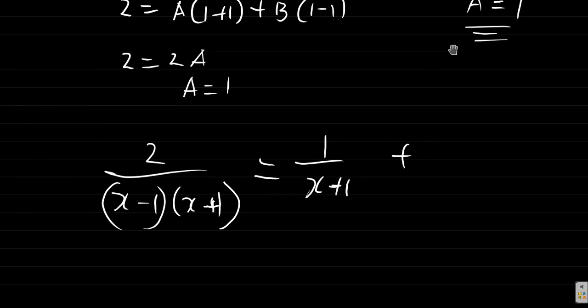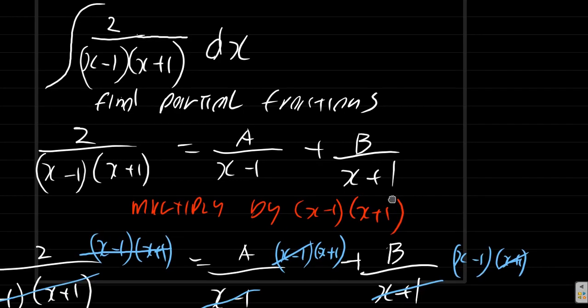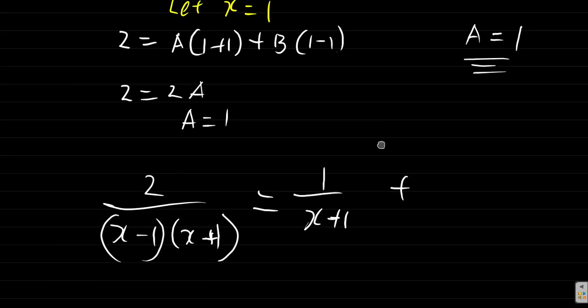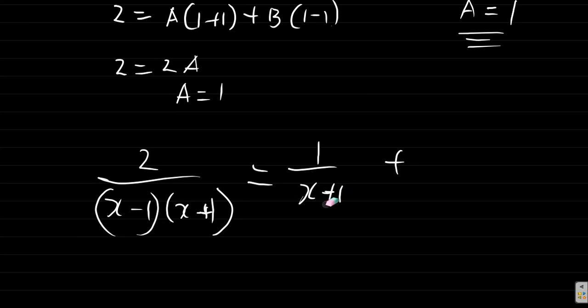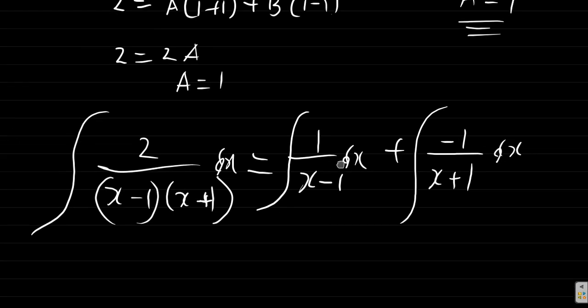Plus b is negative 1, so it's plus negative 1 over x plus 1. Alright? Now, of course, you're finding the integral of this, dx, which means you're finding the integral of this, dx, and the integral of this, dx. See?